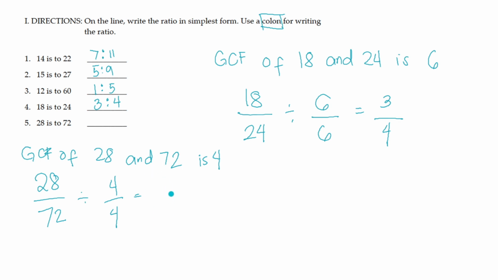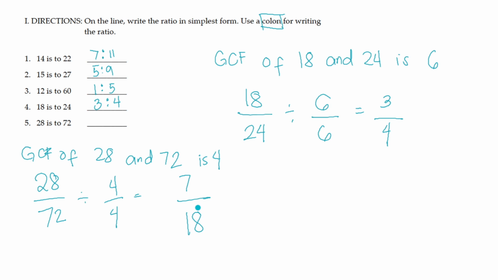Kapag tinignan nyo yung fraction na yun, hindi na siya kayang or wala na tayong makukuha na GCF sa kanilang dalawa, then, yun na yung inyong simplest form. So, dito, we have 28 divided by 4, 7. 72 divided by 4 is 18. So, meron pa bang number na pwede nating i-divide kay 7 and 18?